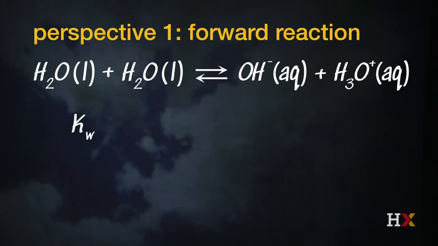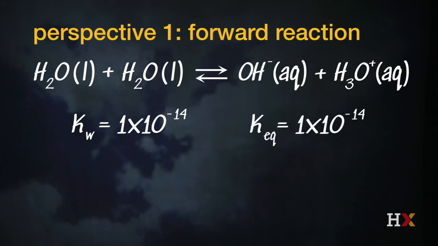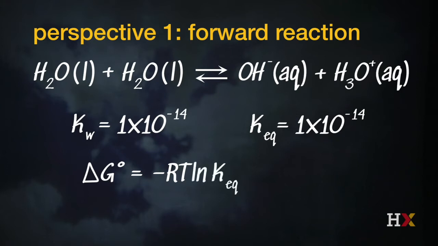Now, with an equilibrium constant equal to 1 times 10 to the minus 14, we know that we can calculate the change in Gibbs free energy for this reaction. That's equal to minus RT times the natural log of K equilibrium, but we're looking at this expression for the particular case of water reacting with itself to form H3O+ and OH-.